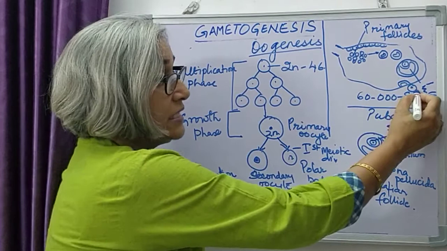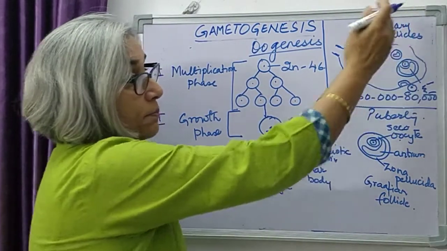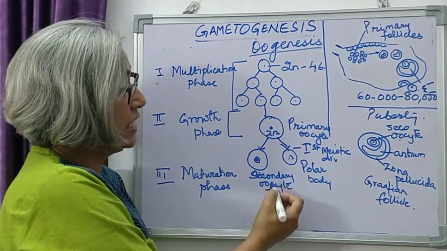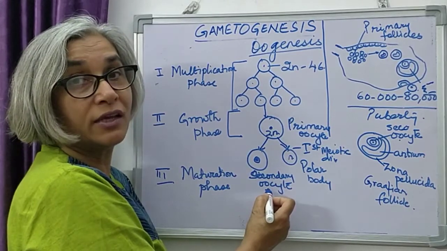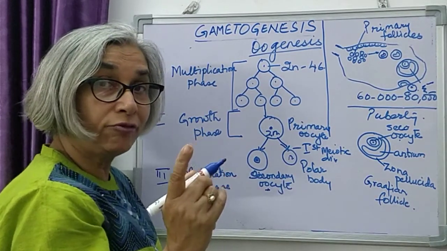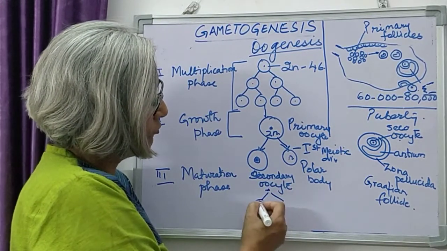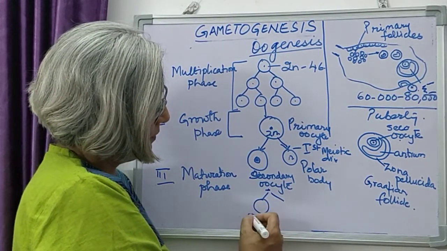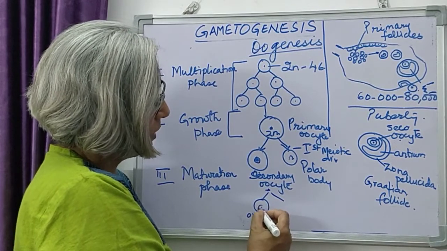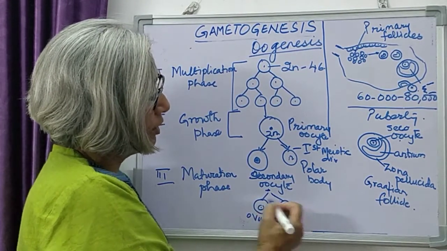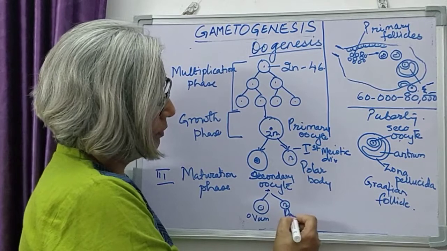So when it moves up to the uterus, it is still in the form of secondary oocyte. Only at the time of fertilization, this secondary oocyte will form the ovum, and another polar body will be formed.